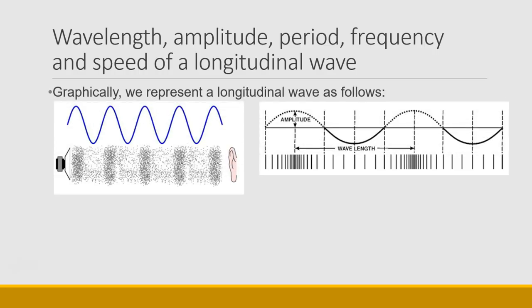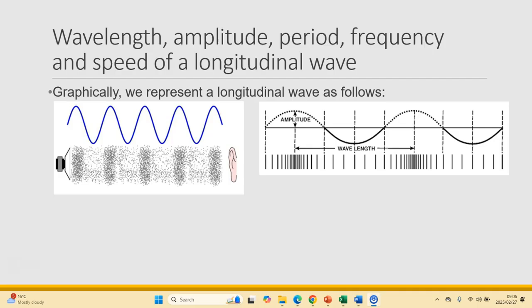Now, this can be quite confusing when a longitudinal wave is represented graphically. This is not often the case on tests and exams, but sometimes a longitudinal wave is represented graphically, meaning that it has the same shape graphically as a transverse wave, but this is not to be confused with a transverse wave. My advice is that when you're faced with a waves graph, read the question very carefully.